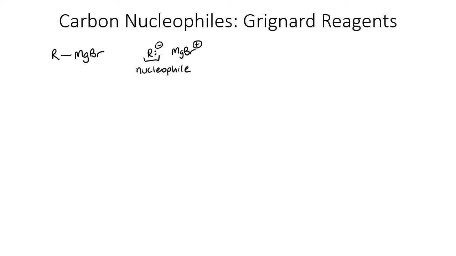So in the presence of an aldehyde or ketone, the electrons can act as a nucleophile and attack the carbon of the carbonyl, kicking the electrons up onto oxygen. Now we've seen this mechanism before, again in the alcohols chapter, because Grignards are one of the ways to make alcohols.